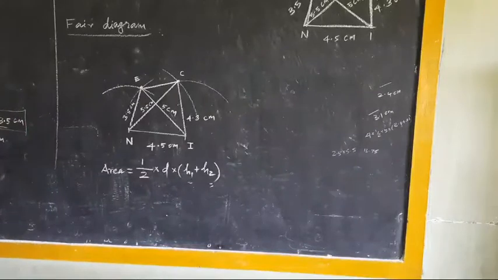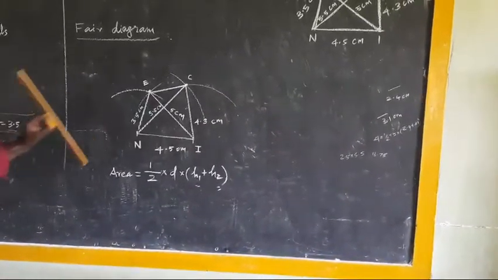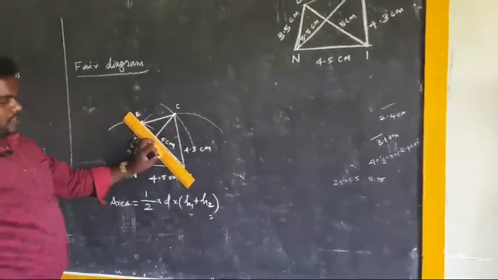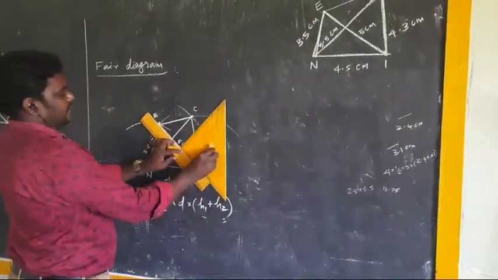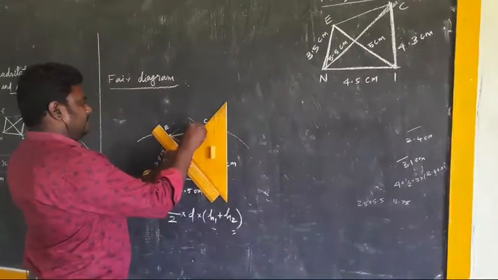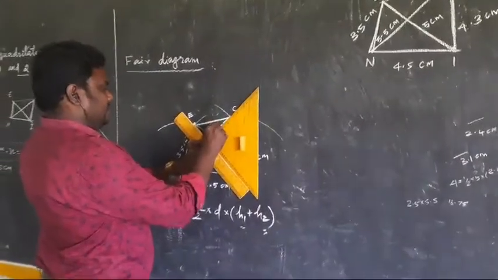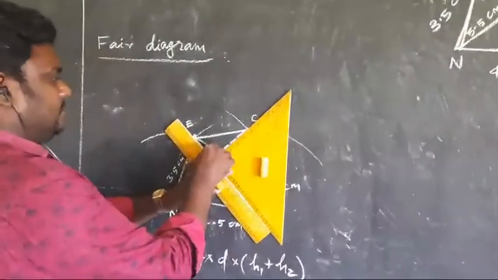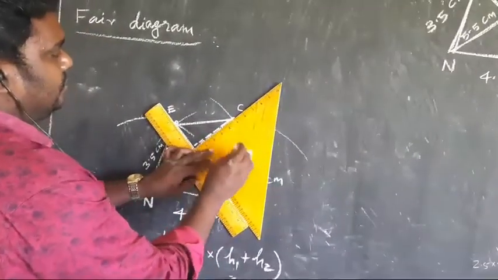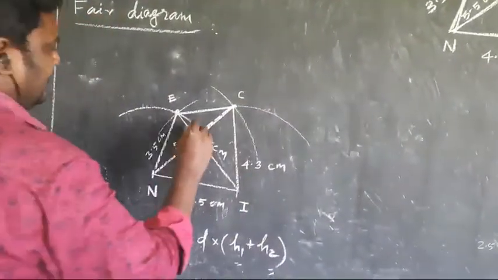I place the scale on the diagonal with the use of the square set. From here, the vertex meets here, so I draw the line here. This measurement you will get as 2.4 centimeter.